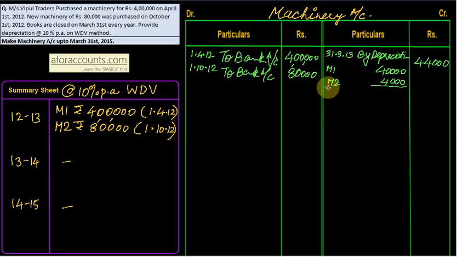And on 31/3/13 by balance carried down: 4 lakh plus 80,000 is 4 lakh 80,000.